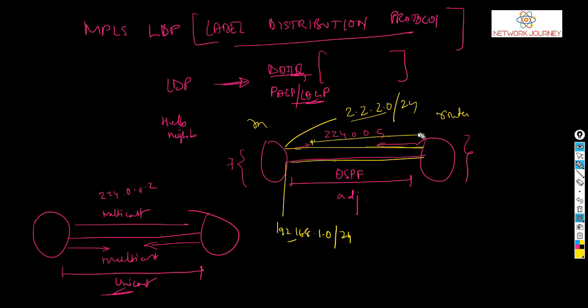So you will see one neighborship here, and you will see a second neighborship here. So two neighborships. But in the case of LDP, even if you have one more link, the second one will not come and act as a neighbor. That's the behavior. They will not form two neighbors, they will form only one neighbor. Even if you have the second link configured, you will see just one pair of neighbors only.